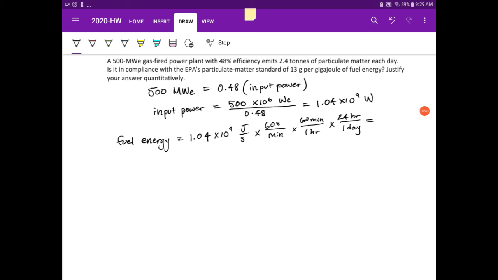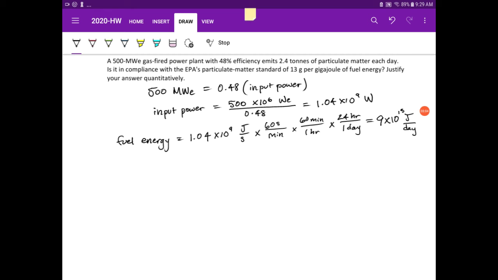And so when we multiply all of that together, we get that over 1 day we have 9 times 10 to the 13 joules. It's still technically a wattage because it's per time, but this is the amount of energy that's in a day.